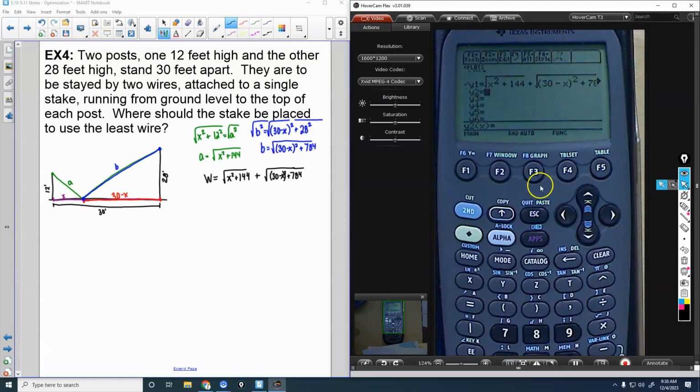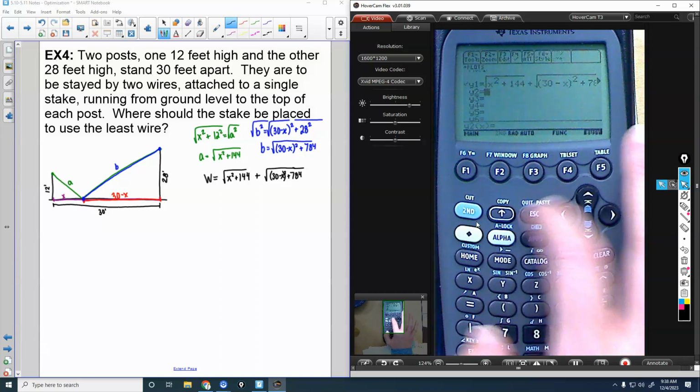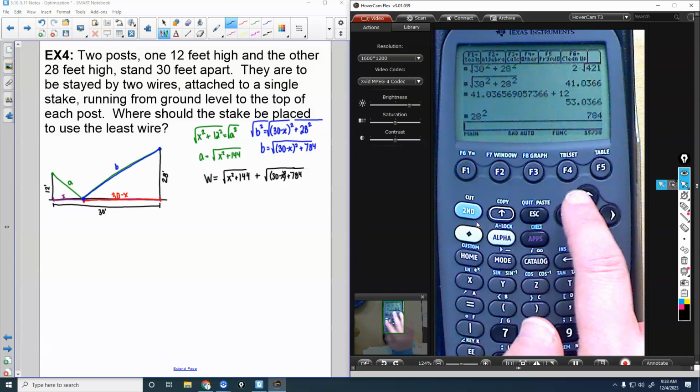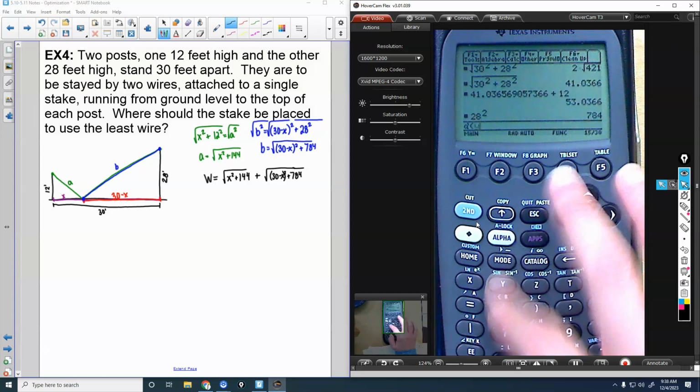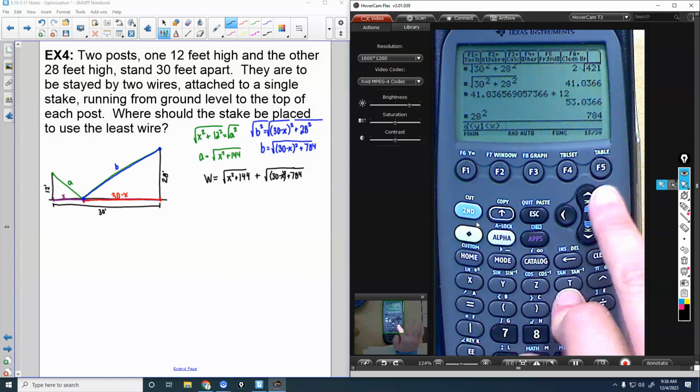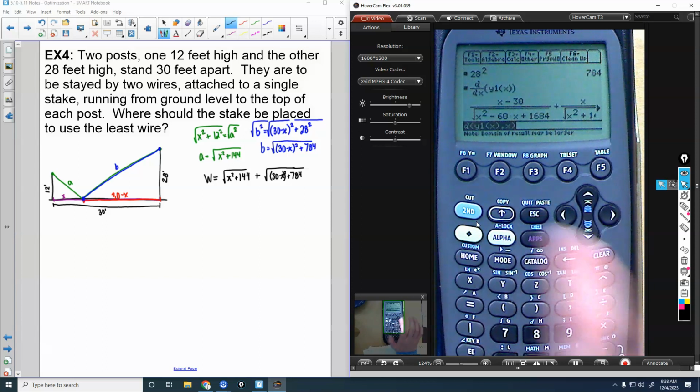Calculator there. So you're going to go to y equals, you're going to type this in. Let me just see something here. I'm going to tell you if we're going to do this. Okay. All right. I changed my mind.